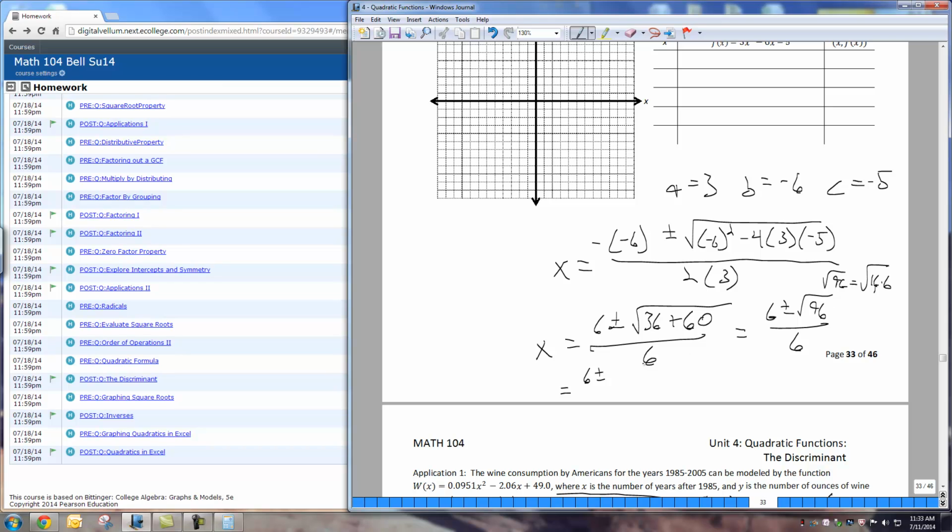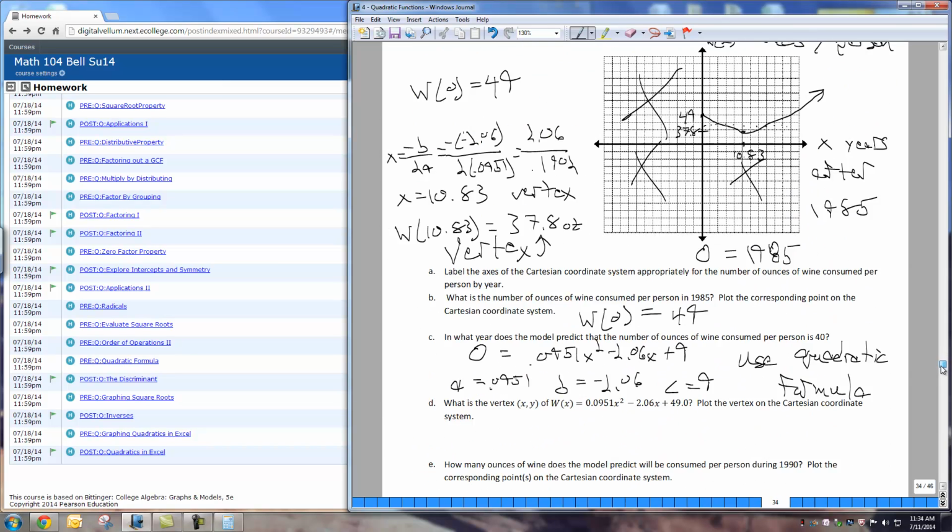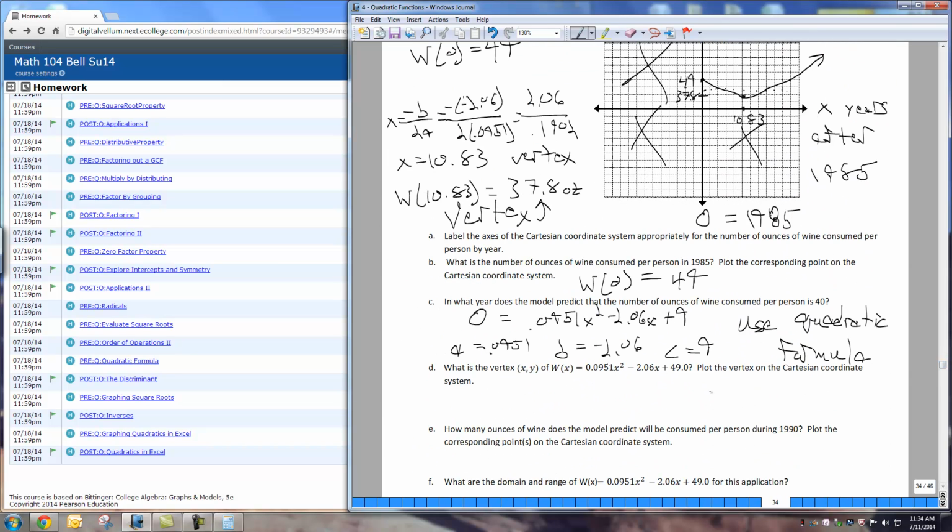So 16 can come out as a 4, so we have 4 root 6 over 6. And these can all be reduced by 2, so it's 3 plus or minus 2 root 6 over 3. And there's your 2 solutions. Notice they'll both be decimals. 3 plus 2 root 6 over 3, and 3 minus 2 root 6 over 3. So perform that same operation using these 3 values.